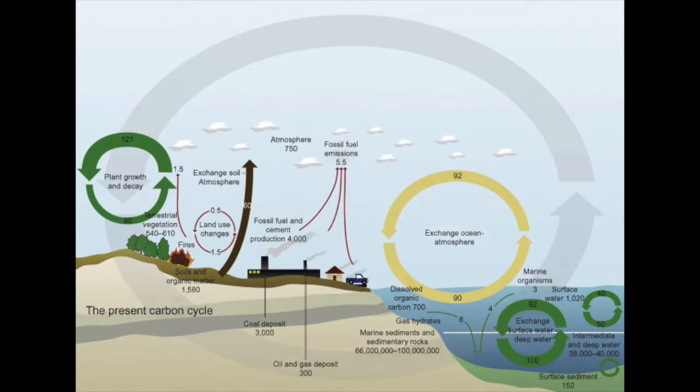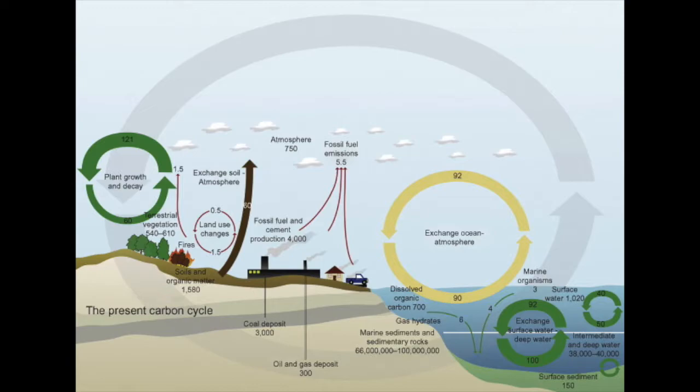So to put this into perspective, I can say that photosynthesis takes approximately 120 million metric tons per year of carbon. And this is 20 times greater than the annual human CO2 emissions. For annual human CO2 emissions, I'm just talking about respiration.